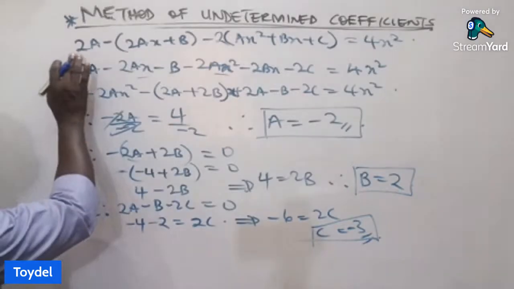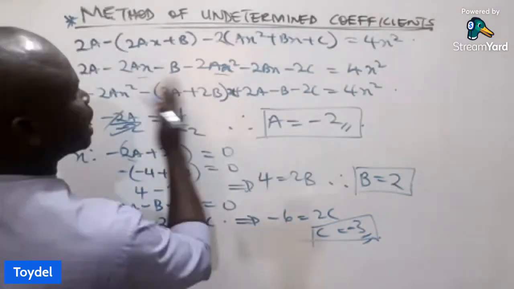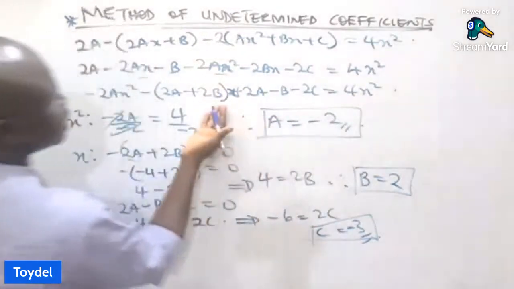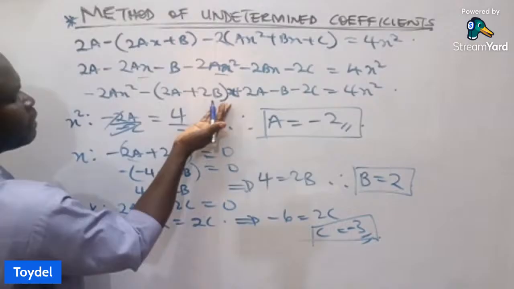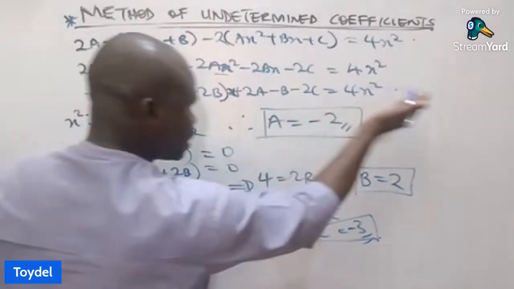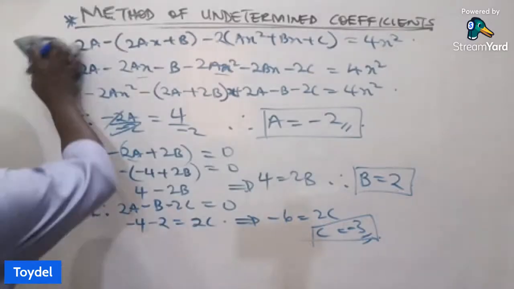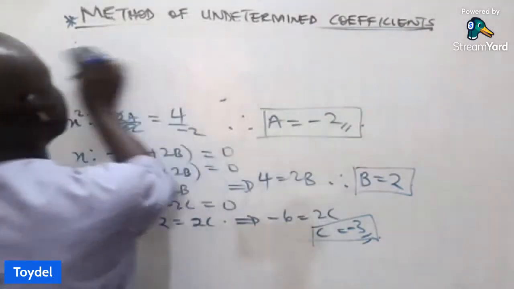Once we substitute back to the equation, we compare the coefficients: the coefficient of x squared, the coefficient of x, and the coefficient of the constant, each with the right hand side. So once we do that, you should be able to get the values of a, b, and c, and that's what we have gotten. So we go back to where we started from.